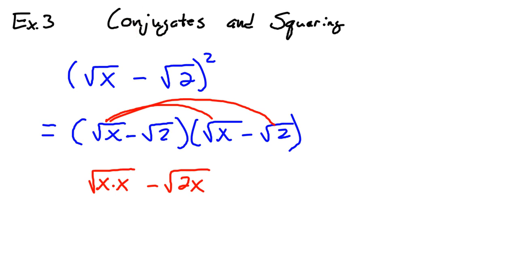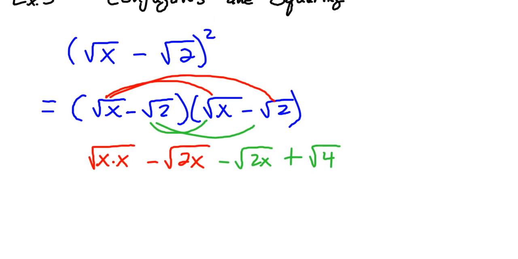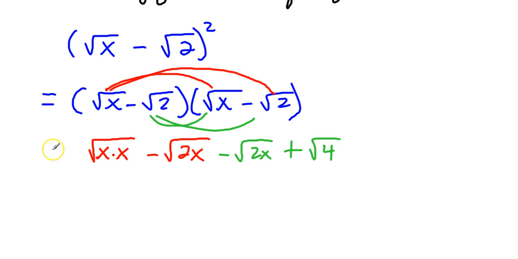Okay. We do the next one here. You've got negative square root of 2 times square root of x, so there's another square root of 2x. Negative times negative, that's a positive. Square root of 2 times square root of 2 is square root of 4. Okay, pair of x's, right? So you can take that one, just make that x.